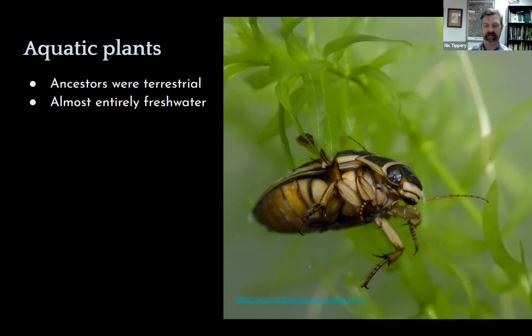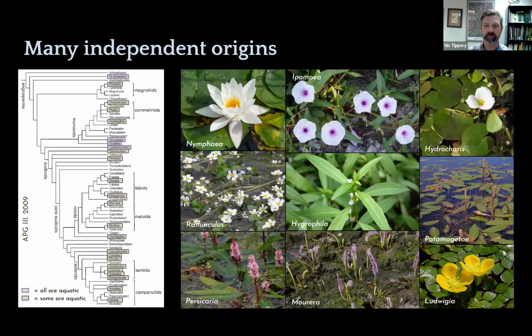They're vascular plants, and a lot of times they've lost some of their support structures to get back into the water. So I've got a photo here of an aquatic animal and an aquatic plant, depending on where you're coming from. Lots of them are distributed across the phylogeny of the flowering plants, or the angiosperms.